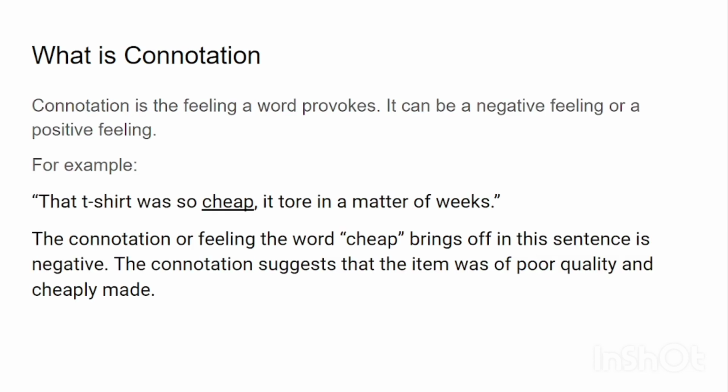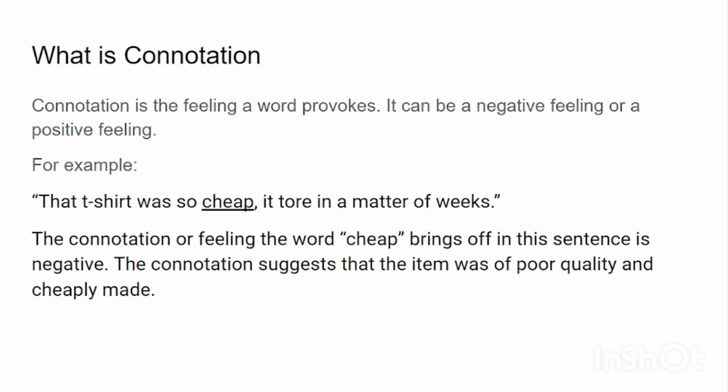Connotation, on the other hand, is the feeling the word provokes. If I say that t-shirt was so cheap, it tore in a matter of weeks, I'm not talking about the literal meaning. I'm talking about the feeling the word provokes.